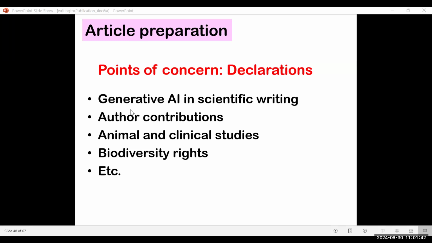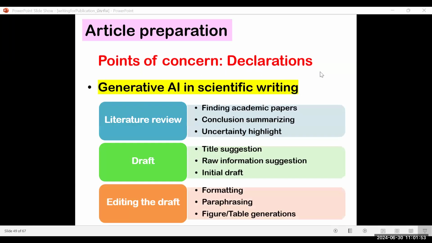And far more important nowadays, if you use AI in your scientific writing, they are going to ask you about generative AI in scientific writing. You need to make a declaration if you use AI during the course of your literature review. Nowadays, you make data searches and you upload a journal PDF file, for example, and then you open that PDF file of the manuscript. Adobe will automatically ask if you would like Adobe AI to summarize or highlight the points of that manuscript or not.